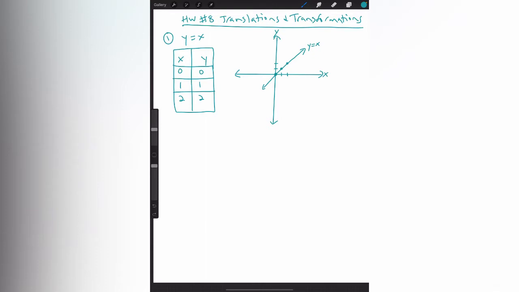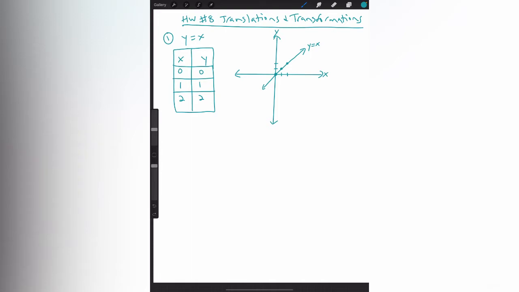This graph will never change, meaning that if I were to tell you to graph y equals x, the graph will always look like this. That's why when I grade your tests, quizzes, even your homework, I make my answer key and then look at yours. Yours should look exactly like mine.